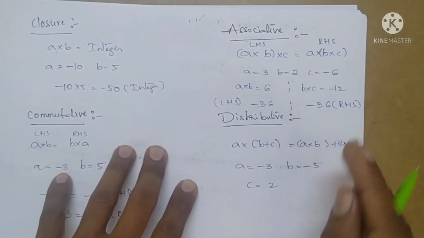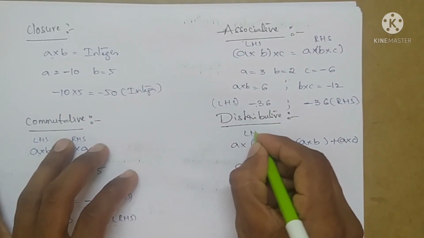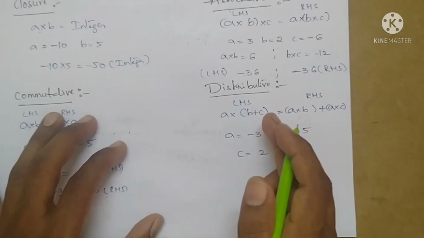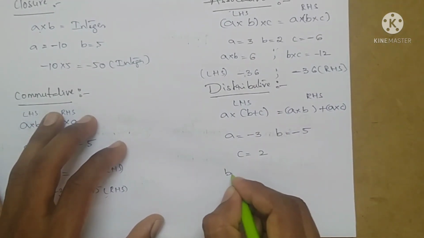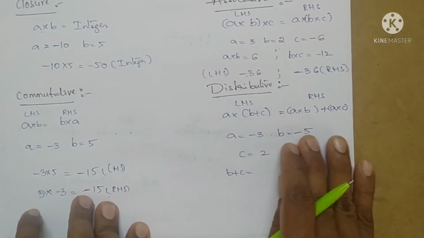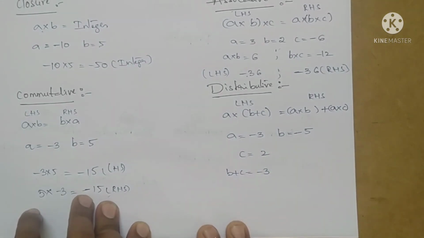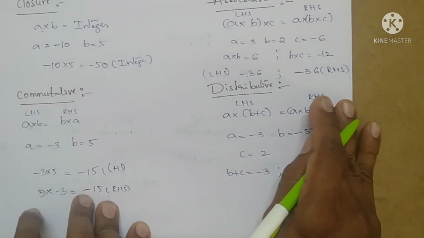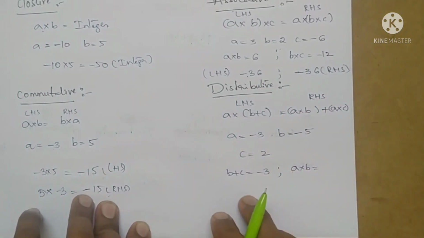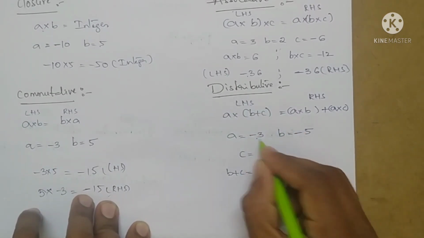Okay, next one, distributive property. So this is the LHS side, this is the RHS side, right? We have to first find b plus c. So here b plus c is equal to minus 5 plus 2, which means the resultant is minus 3, right? In the RHS side we have to find a into b. Minus into minus is plus, 5 3s are 15.